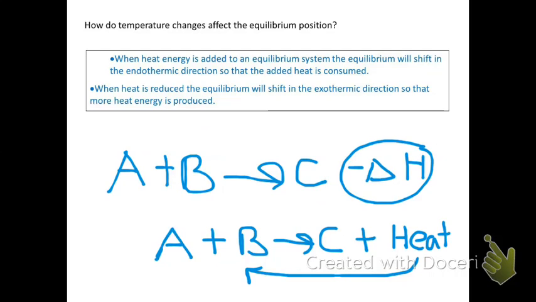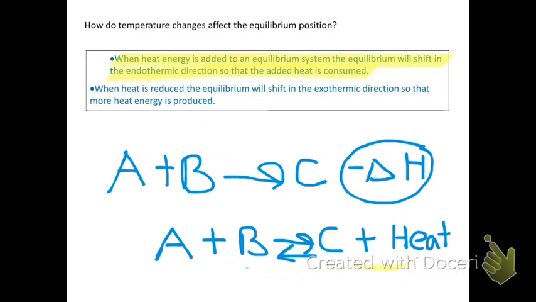If you think about it, if the forward direction is exothermic, then the reverse direction must be endothermic. So by adding heat energy, we want to get rid of it, and so it shifts in the endothermic direction. As stated up above, when heat energy is added to an equilibrium system, it will shift in the endothermic direction.